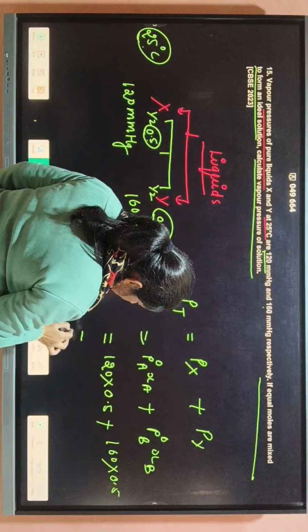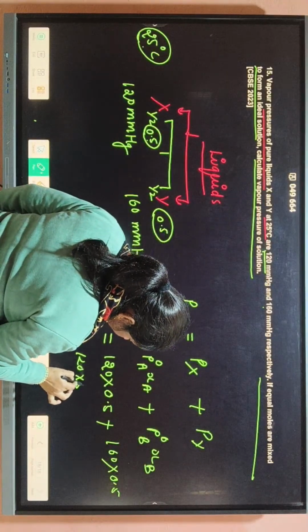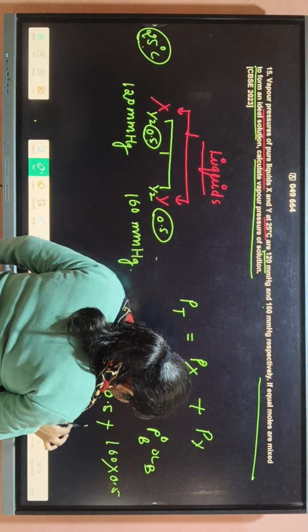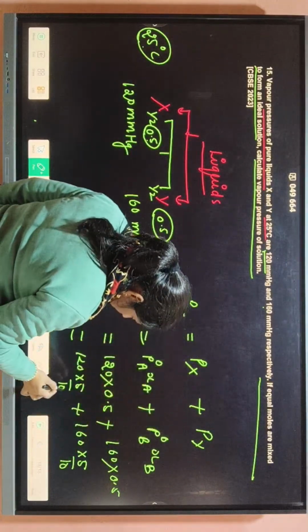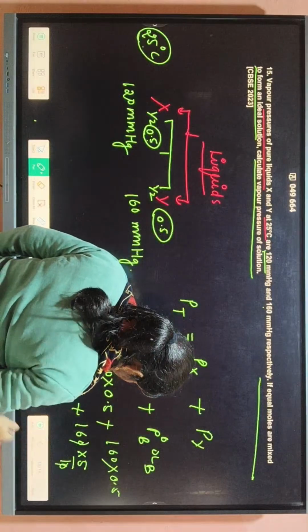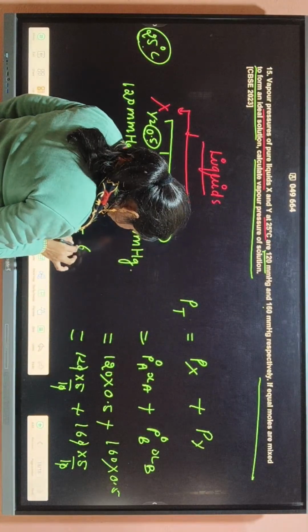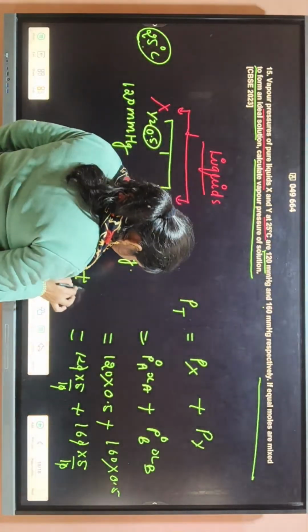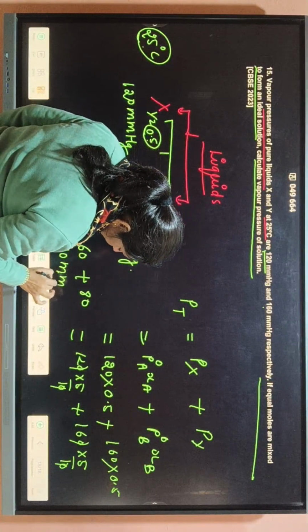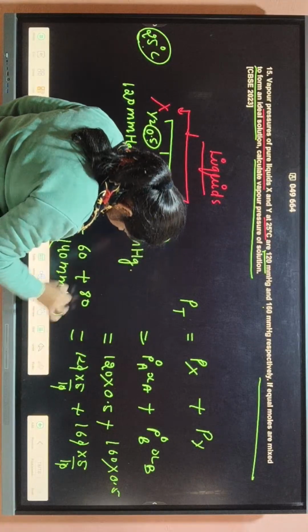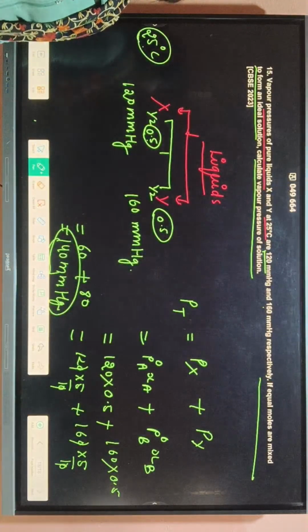So 120 into 5 by 10 plus 160 into 5 by 10. 12 fives are 60, 16 fives are 80, so you will get 140. This is your answer.